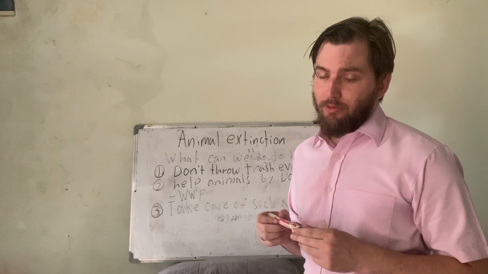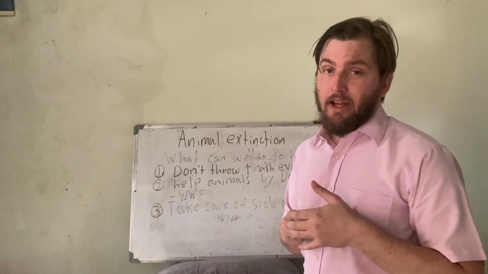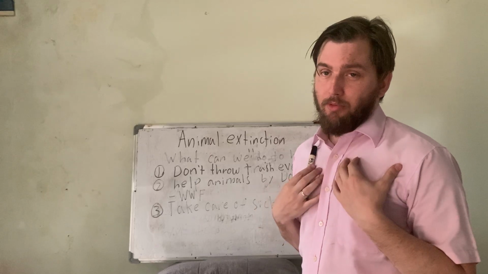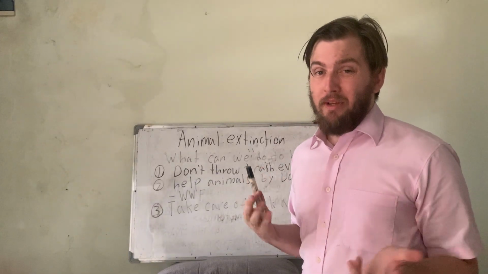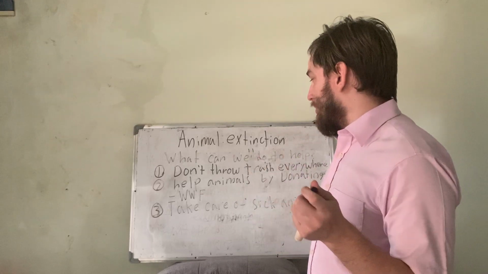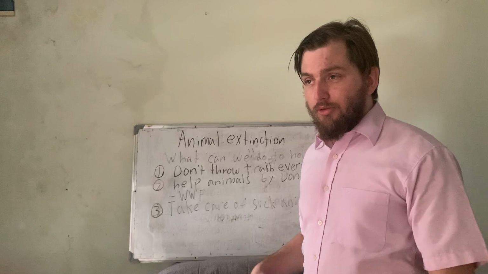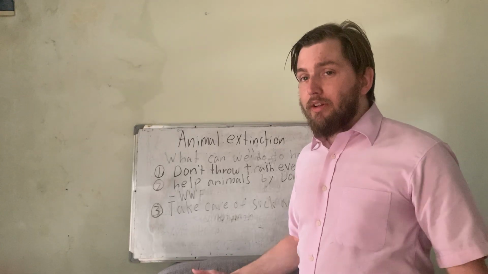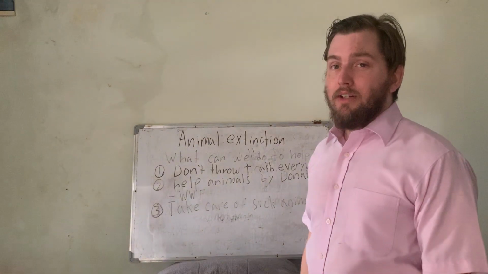There are so many other things we can do, but I know that you guys will love animals just like I love animals. And we don't want them to become extinct and leave the earth. Because we want to see them in the zoo, we want to see them in the forest, we want to see them everywhere they live.